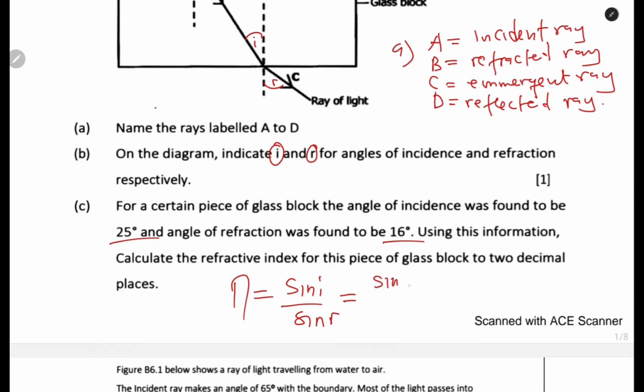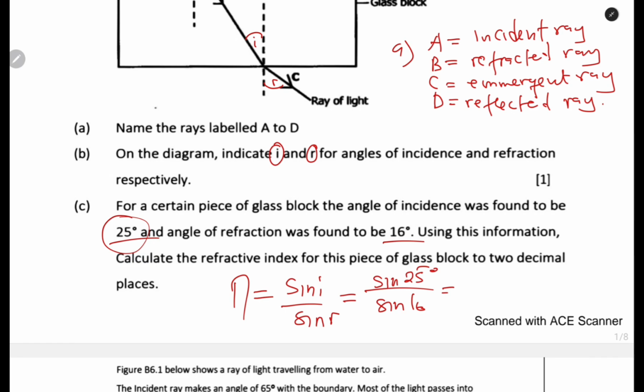So we are told the angle of incidence. So this I is the angle of incidence. So the sine of the angle of incidence, which is 25, divided by the sine of refraction, which is given as 16. And now don't act clever here and say sine cancels, then you remain with 25 divided by 16.